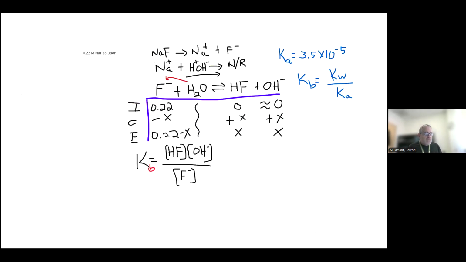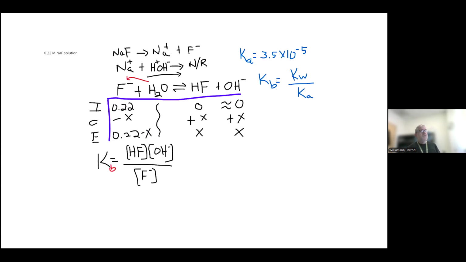Okay. Let me move this over a little bit. That's going to give me 2.9. Again, I'm not worried about sig figs for the purposes of solving this problem. Times 10 to the minus 10. So this will be 2.9 times 10 to the minus 10.